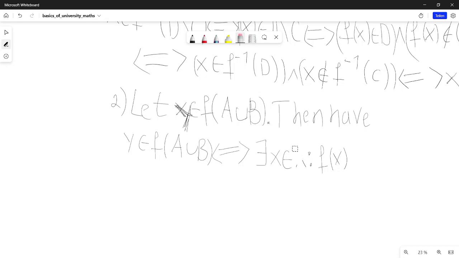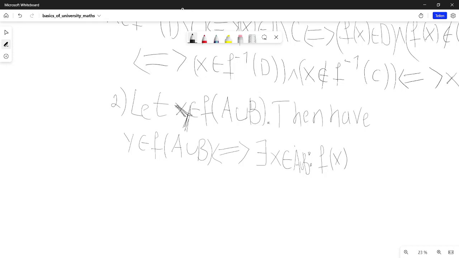That is just the definition of the image of that set, definition of the operation of the image applied to the set, right?